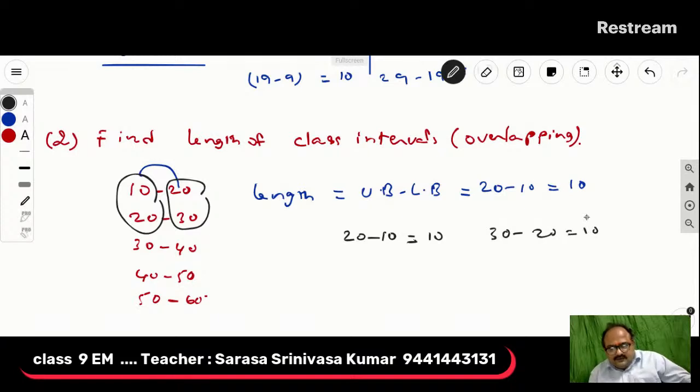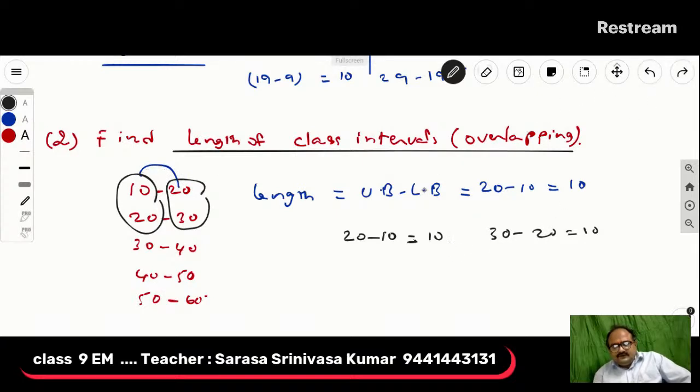The length of the class interval of this overlapping class interval is 10.